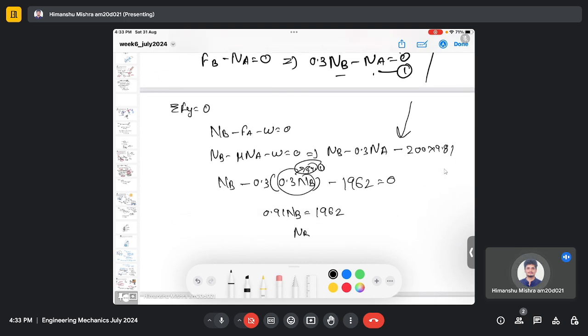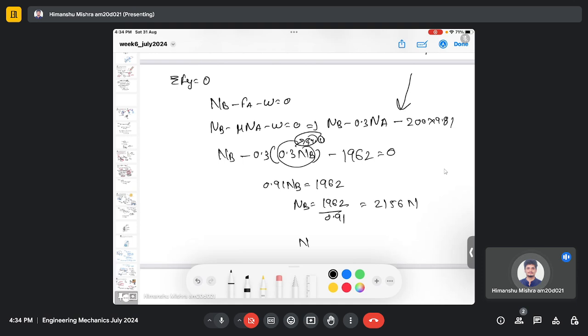So Nb is 1962 divided by 0.91. So you will have 2156 Newton, and your Na is 0.3 Nb from above. So Nb is 2156, so your Na will be 646.813 Newton.